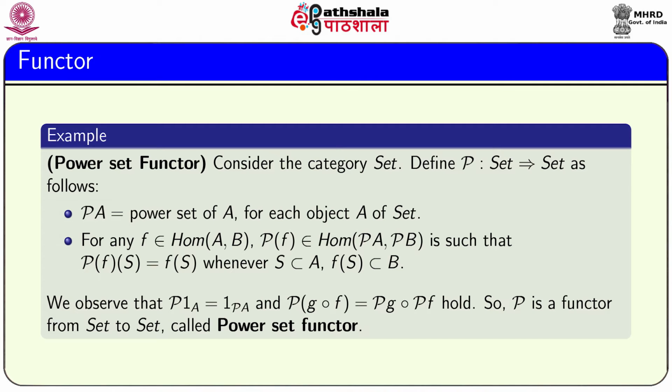So, P is a functor from the category Set to the category Set, and this particular functor is called a power set functor.